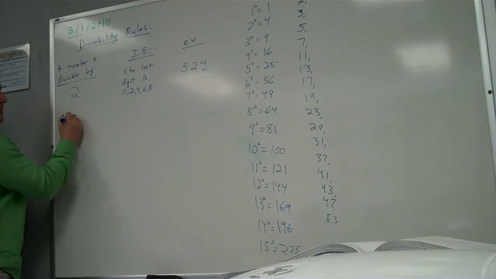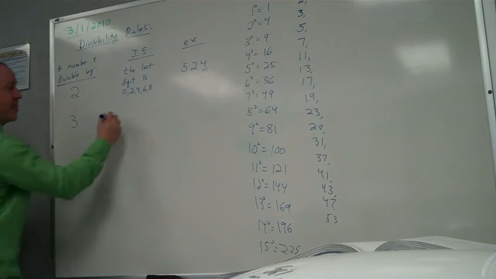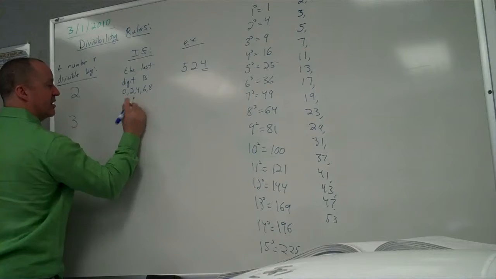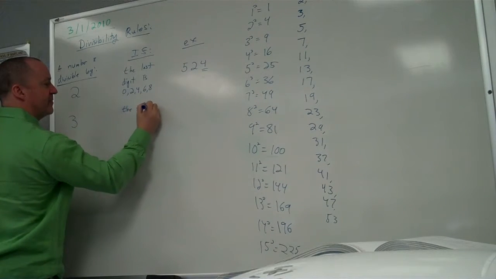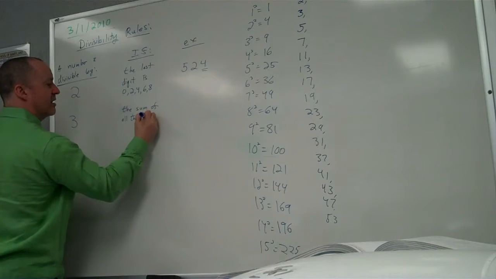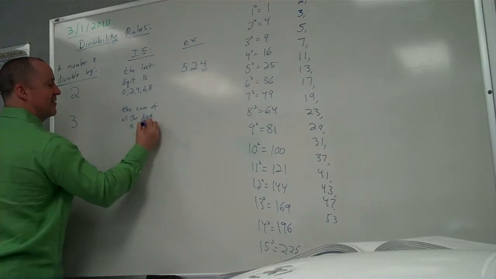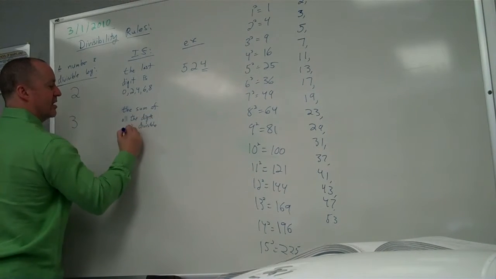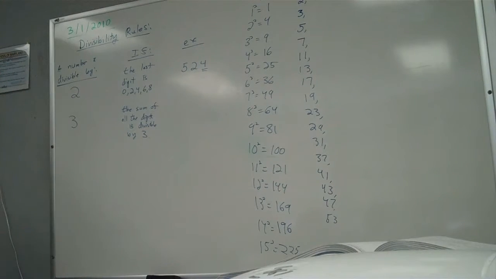That's my first rule. A number is divisible by 3 if, write this carefully here, the sum of all the digits is divisible by 3. 147.